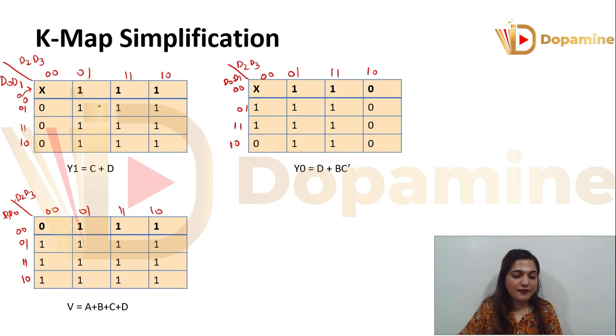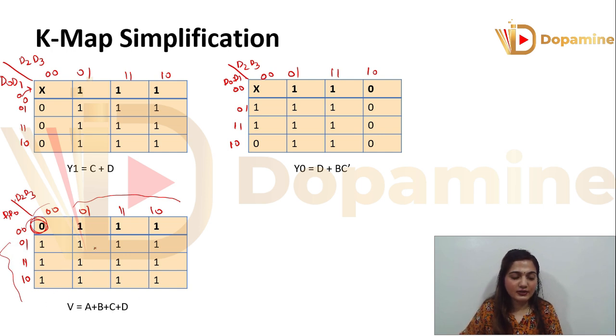Now we have to first simplify for V. V is 0 only in the case where D1, D0, D2, D3 are all 0. So it is 0 for the first case. If any of the inputs D1, D0, D2 or D3 is 1, then in all of these other cases we have at least one input to be 1.